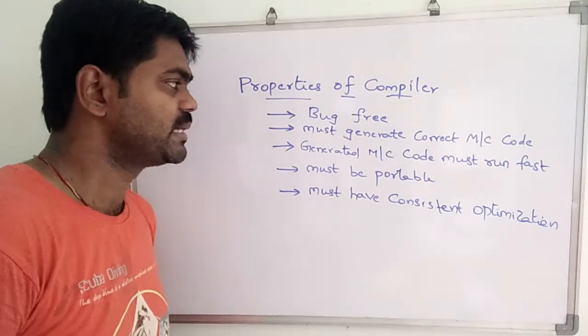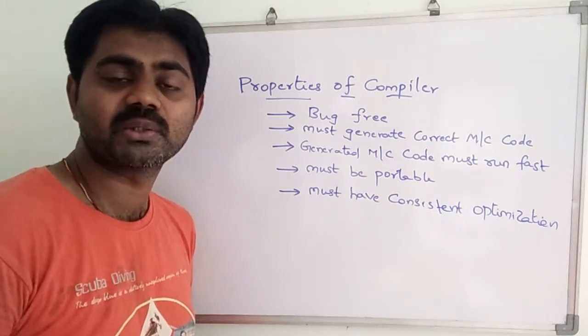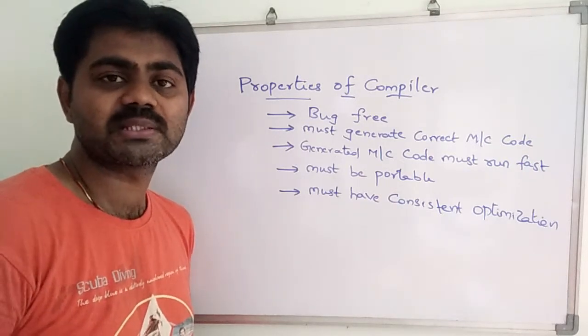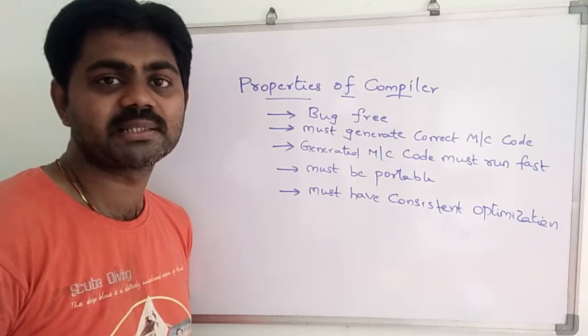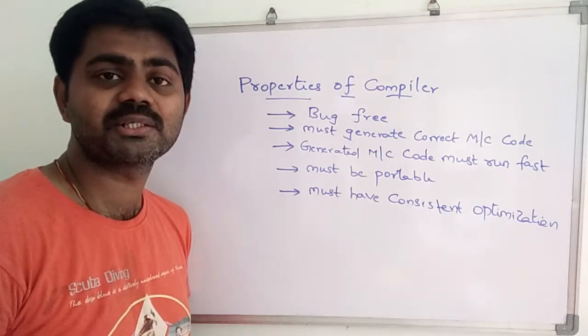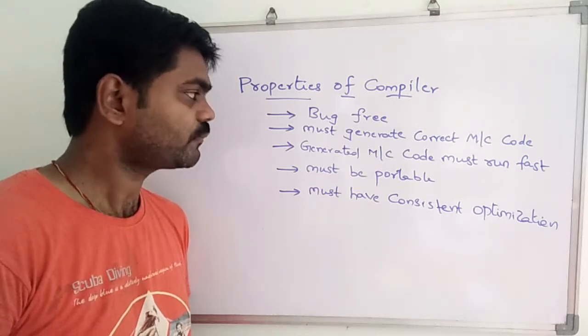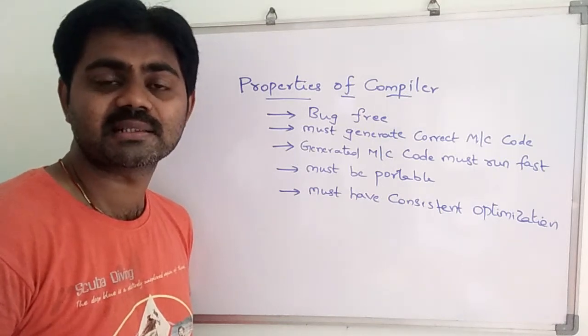Second, it must generate correct machine code. Why? Because first we give a source program and the target machine code will be generated, isn't it? So the target machine code which is generated should be correct, and the generated machine code should run faster.